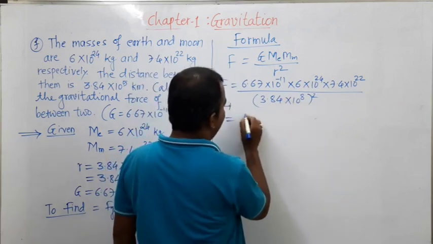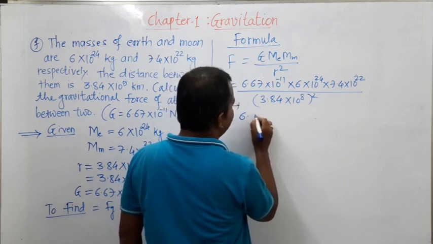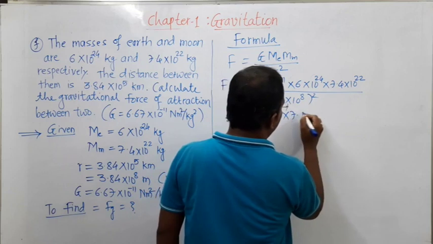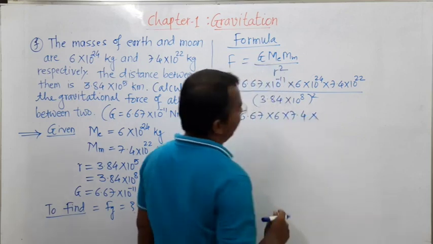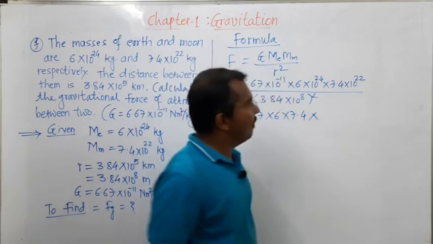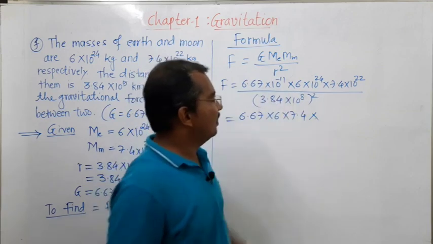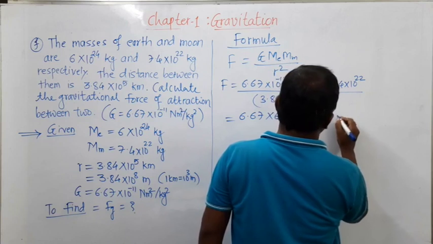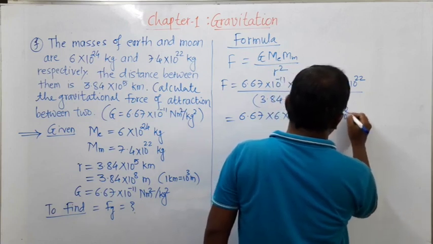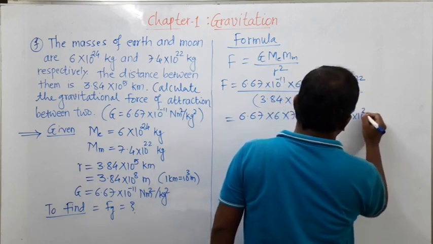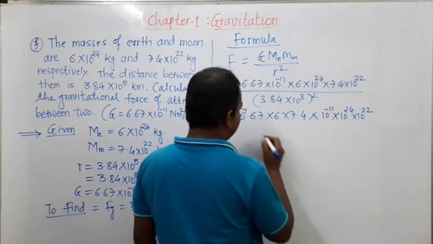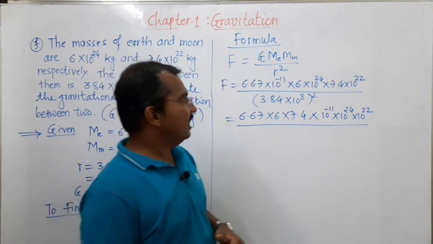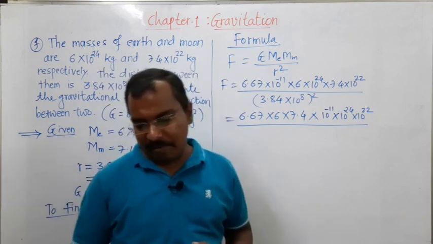I will write all the numbers as 6.67 into 6 into 7.4 into the base is 10 and the powers are 10 power minus 11, 10 power 24 and 10 power 22 divided by 3.84 into 3.84.